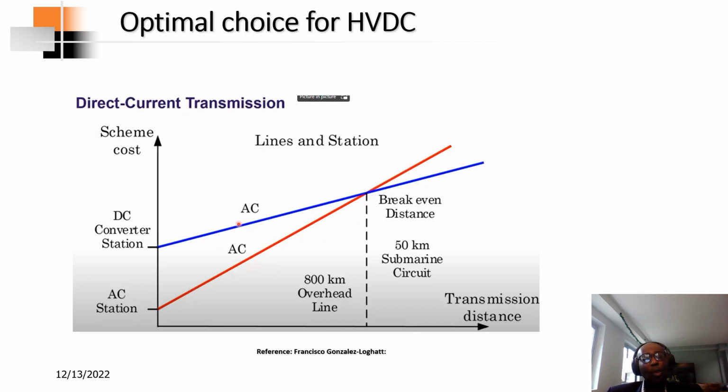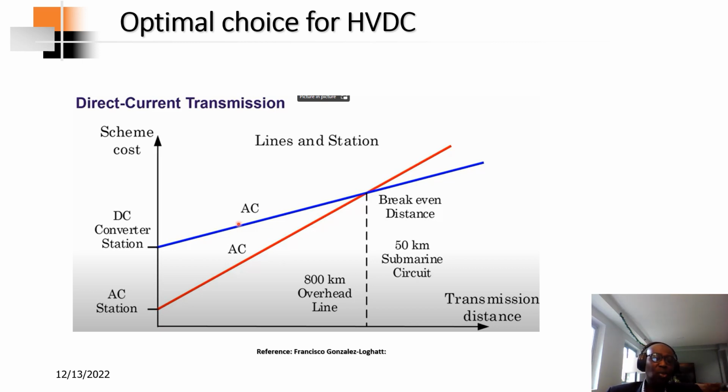Okay, now let's talk about when you decide on HVDC as compared to HVAC, and that is very important. As you can see in the graph over here, I have scheme cost on the vertical axis, for an AC station and a DC converter station, and on the horizontal axis is the transmission distance.